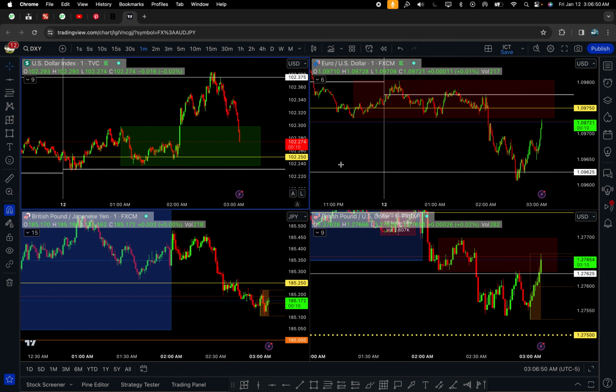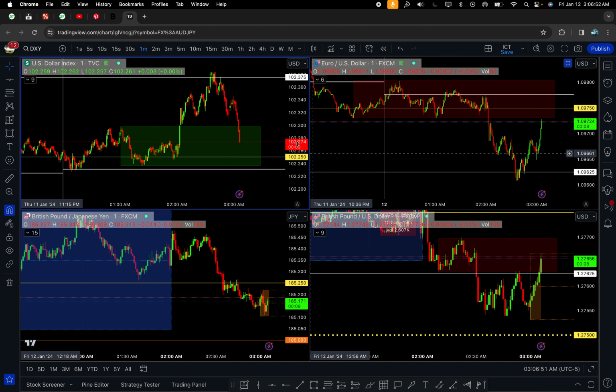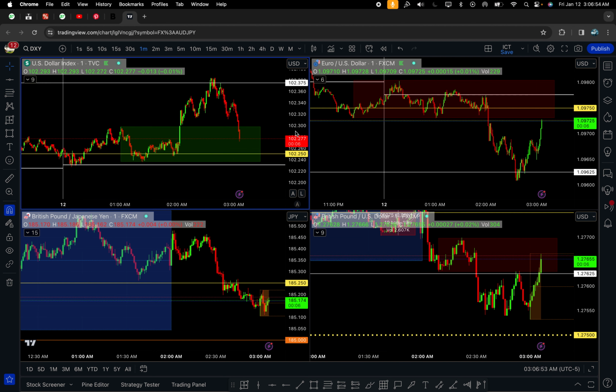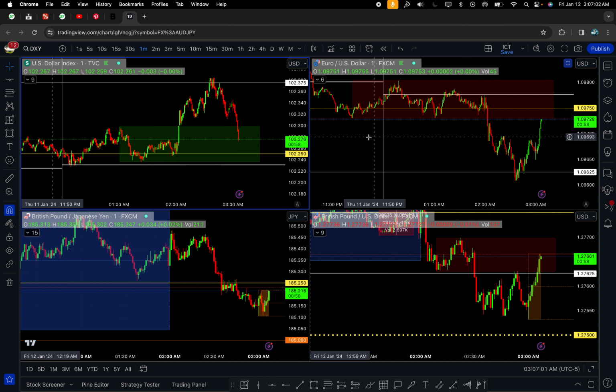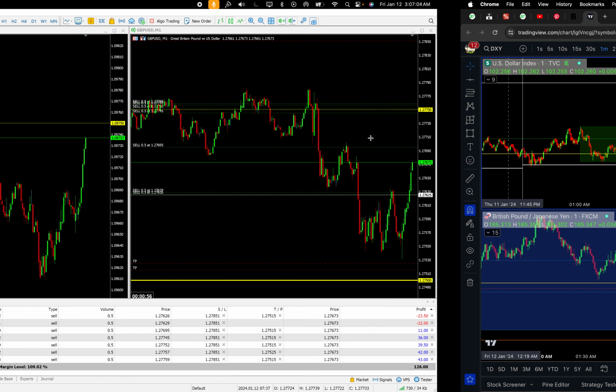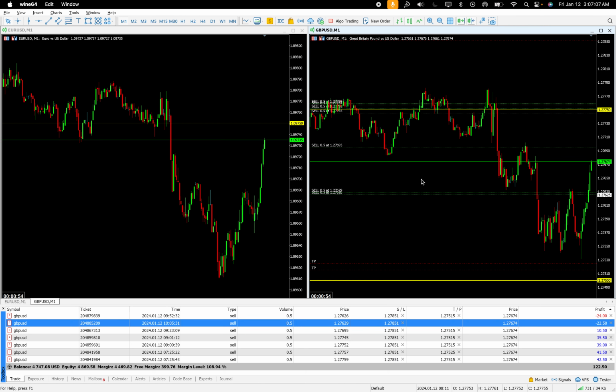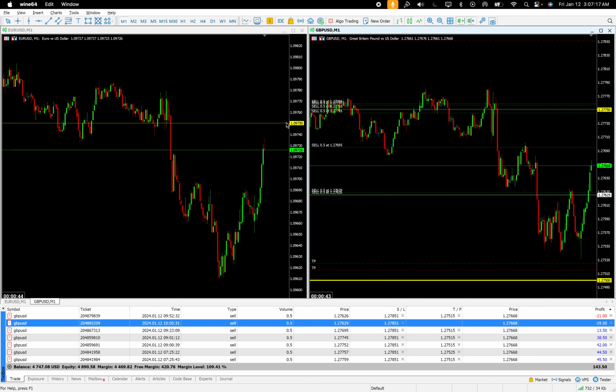Hopefully we'll be all right. You see the euro's up here at this range. It probably is going to want to go to this level here or close to it.